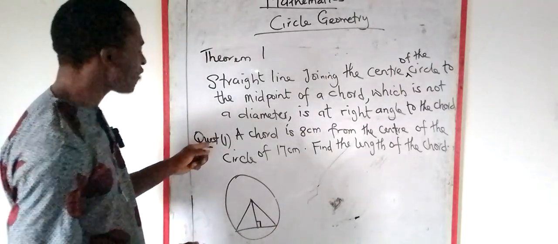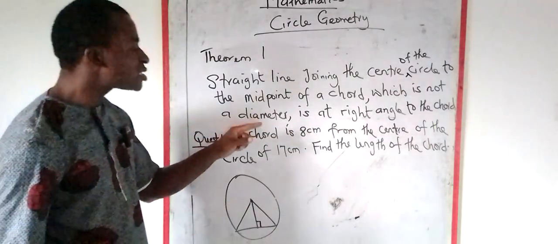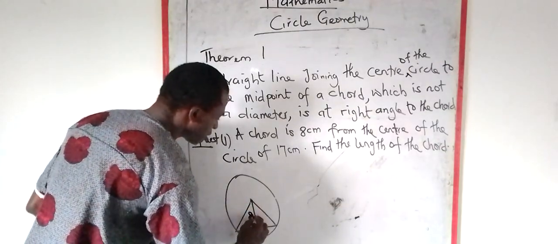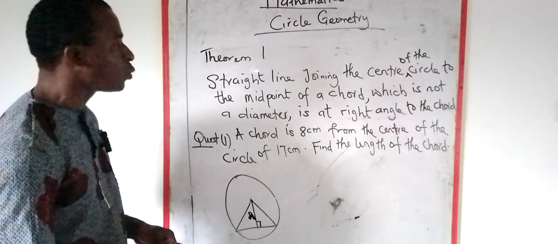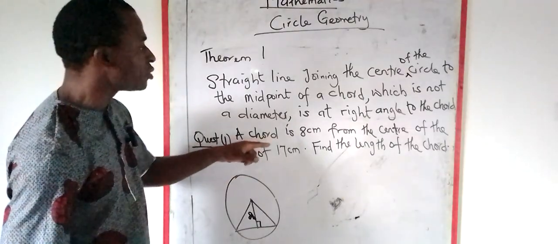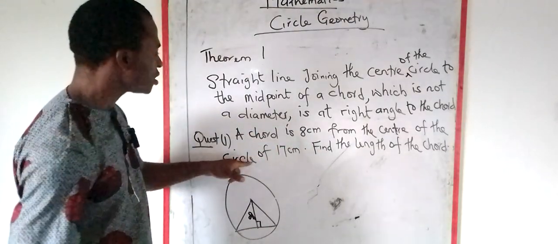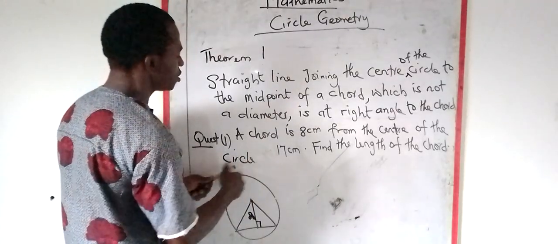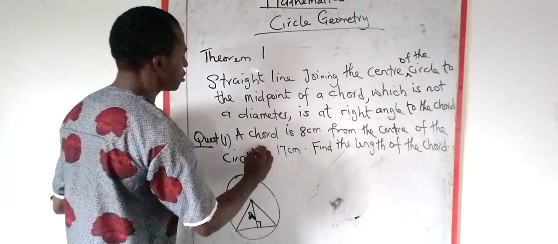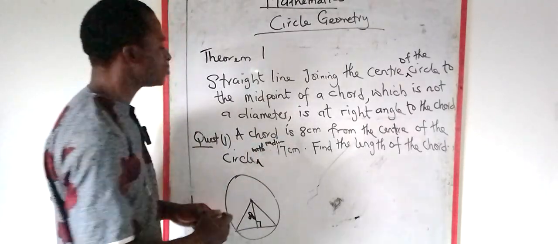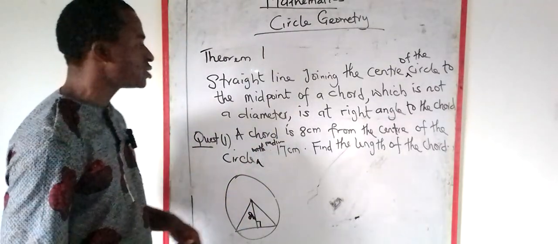Now, from the question we have, question 1: a chord is 8 centimeters from the center of the circle, with radius 17 centimeters.